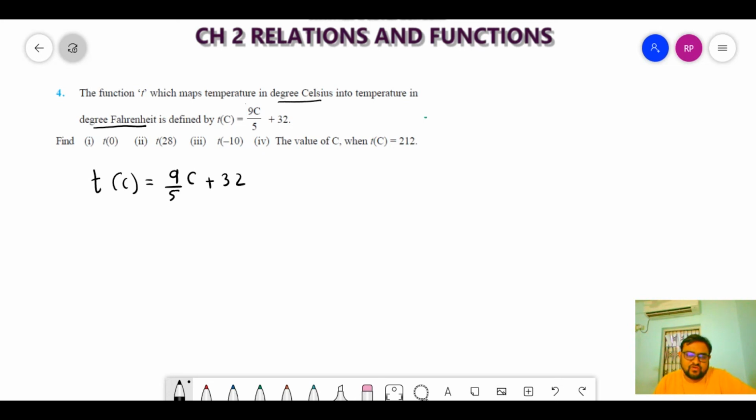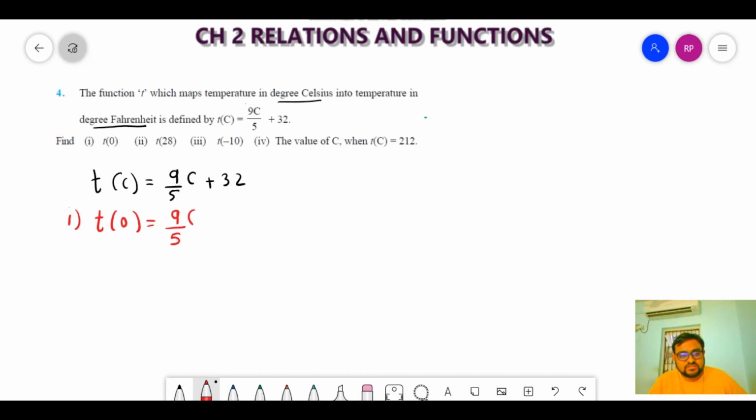Now there are 4 different questions asked. Let's start with the first one. You have to find T(0), which means 0 degrees Celsius is equal to how many Fahrenheit. So I'll use the method that I used in the third question.